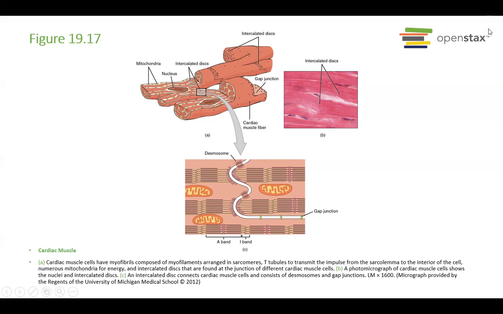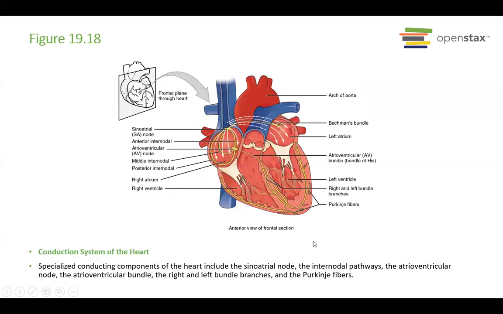And that's going to make the actual contraction, the depolarization. Will the depolarization cause the sarcomere to get longer or shorter? If the muscle is going to contract, it's going to make the sarcomere shorter.